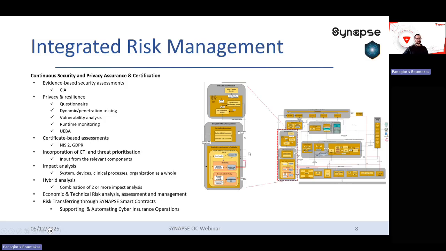Namely, in Synapse, we are providing a specific asset modeling in order to capture all the assets of an organization, including not only hardware but also software and also persons that are involved in the organization.